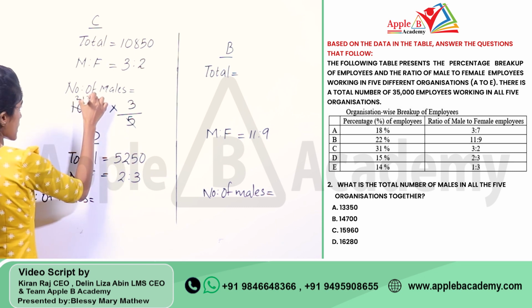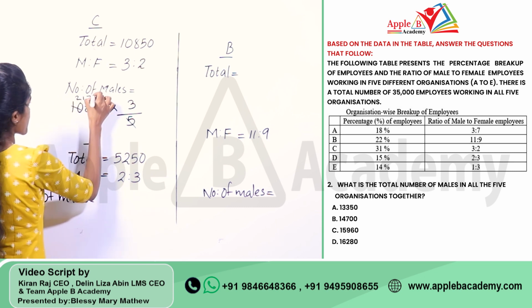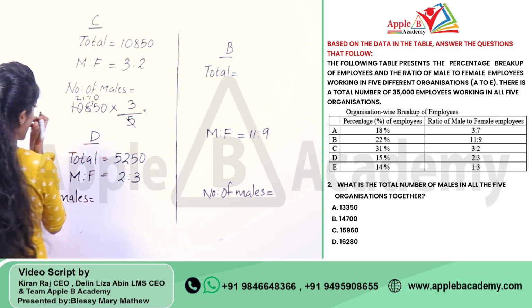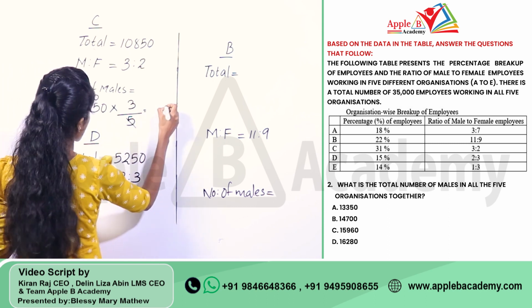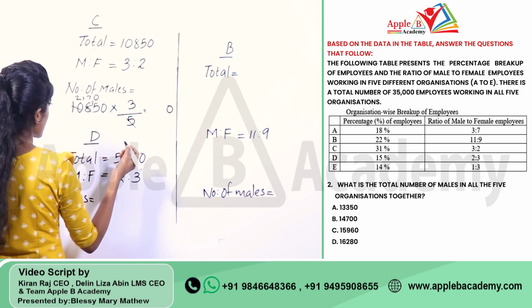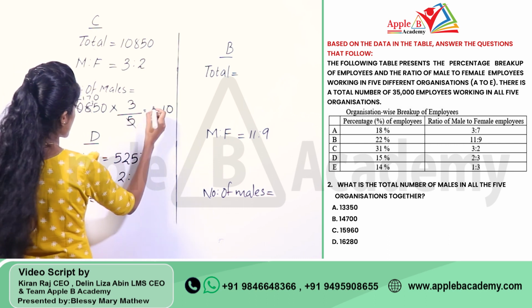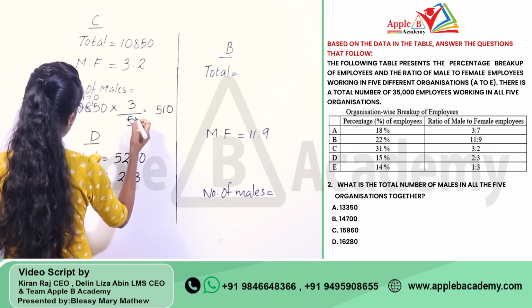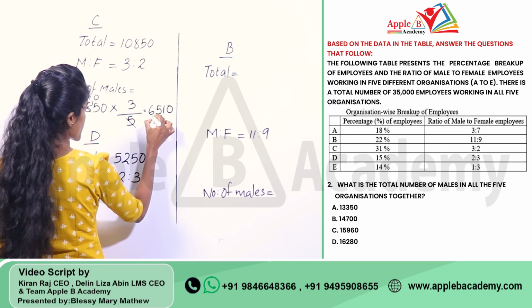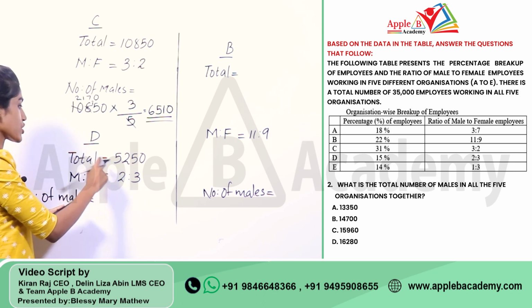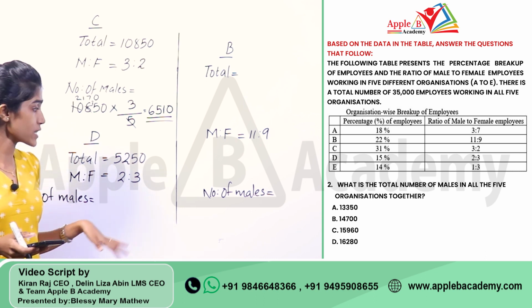So 5 into 7 is 35. And then you have a 0 here. So if you are doing the calculation part, you can do it as that is 6,510. Right.